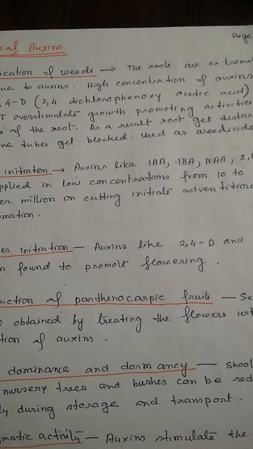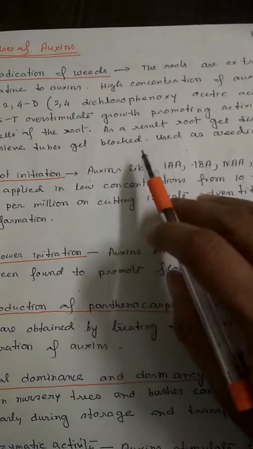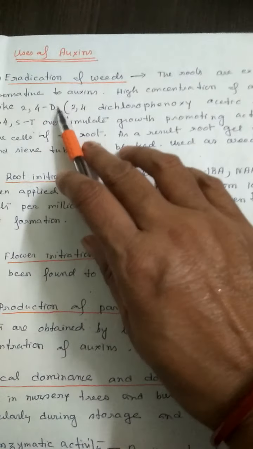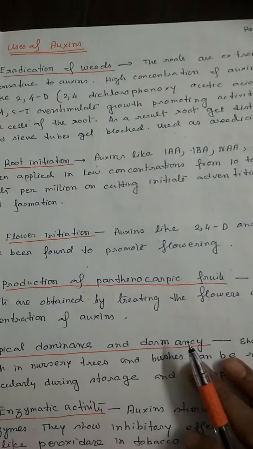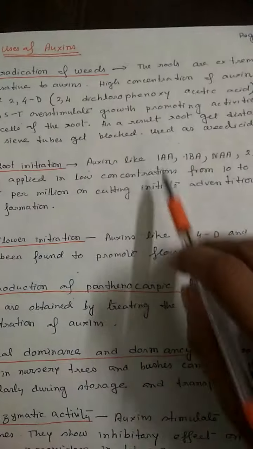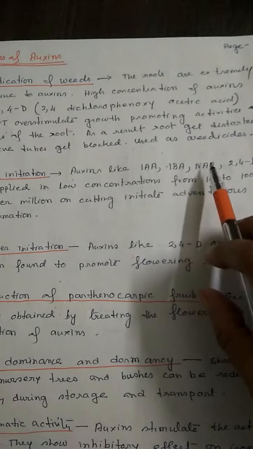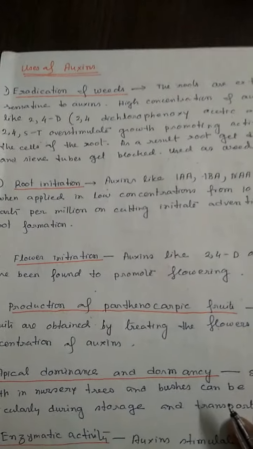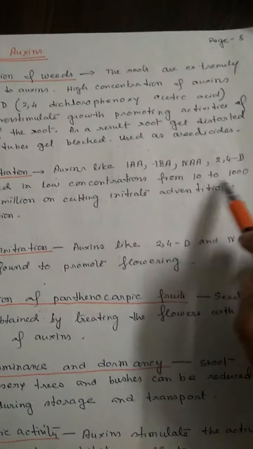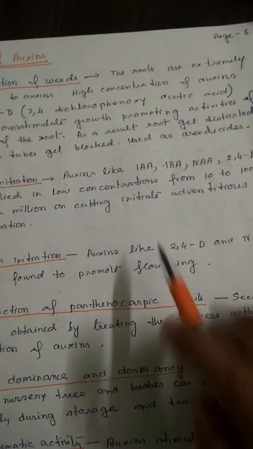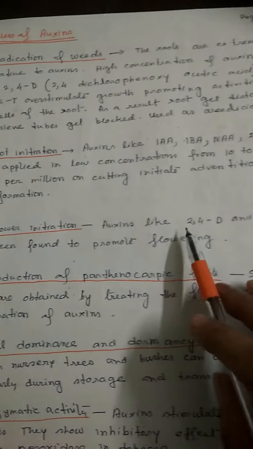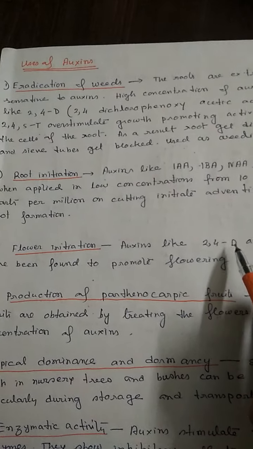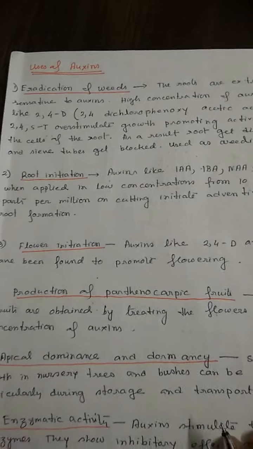As a result the root gets distorted and the vascular tubes get blocked, and that's why these two are used as weedicides. Next is root initiation. Auxins like IAA, IBA, NAA at a low concentration of 10 to 1000 parts per million on the cutting initiate adventitious root formation. For flowering initiation, 2,4-D and NAA help the formation of flowers.